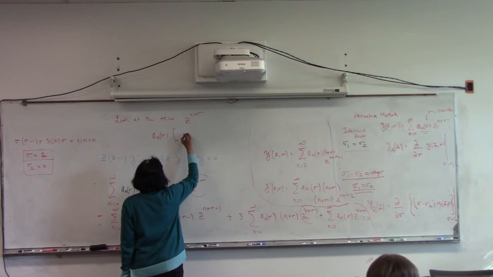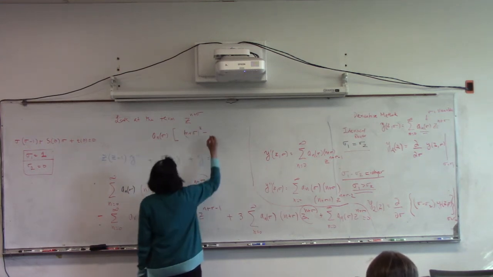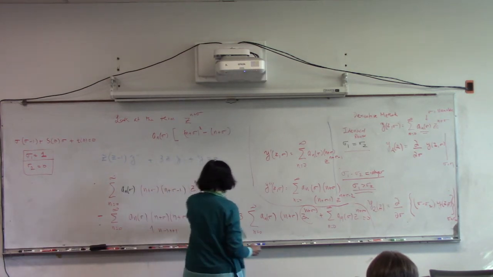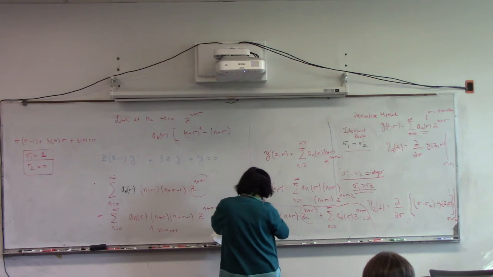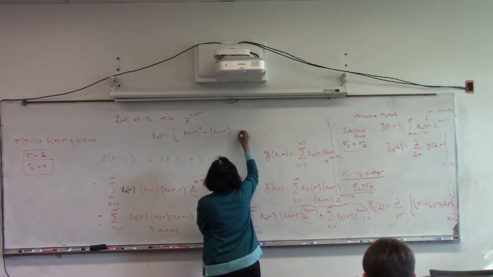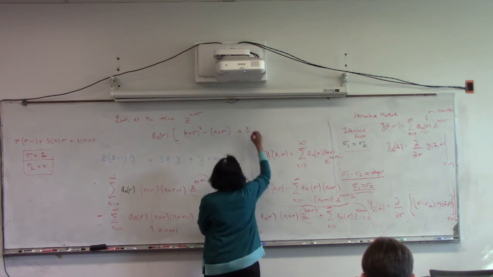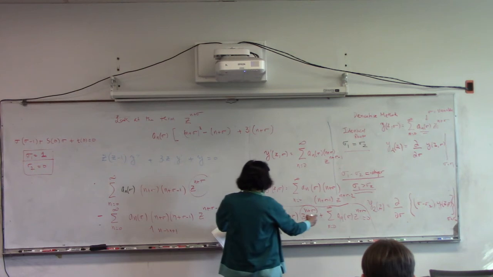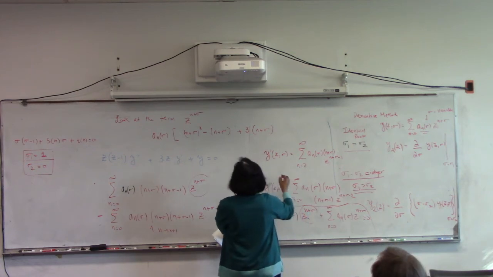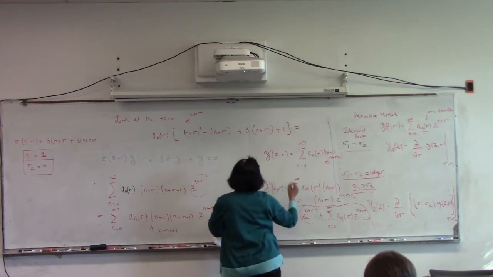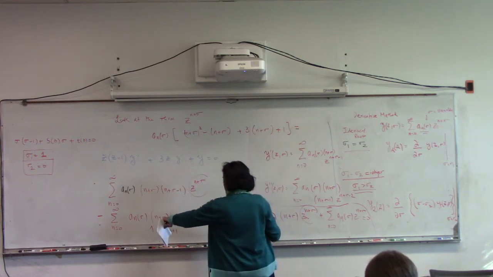This will be (n plus sigma) squared minus (n plus sigma), right? And I have plus 3 times (n plus sigma). Okay. And then the last term is simply 1, is equal to, where is this one?